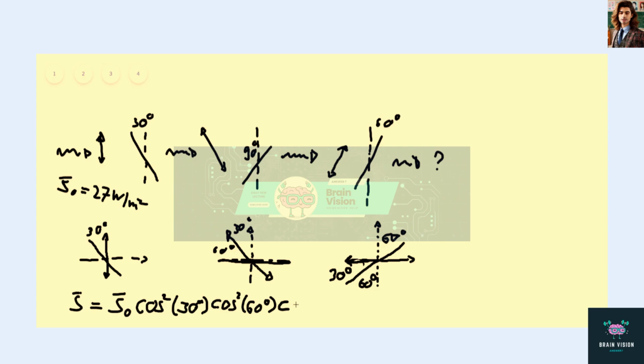And so we're going to pick up another factor of cos squared of 30 degrees. And so this is going to be the resultant intensity coming out at the far right. For an incident intensity of 27 watts per meter squared, this works out to be 3.8 watts per meter squared. So that's the answer to the first part.